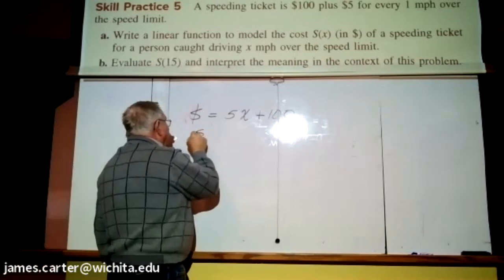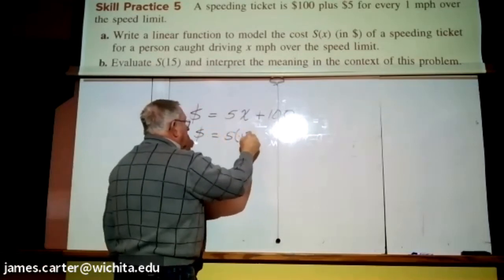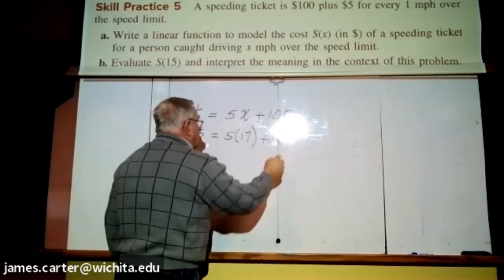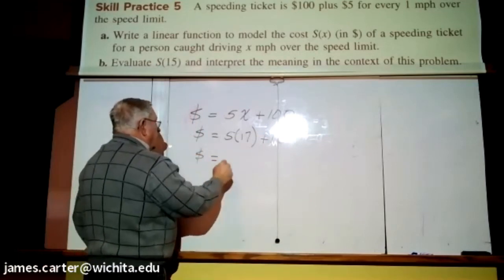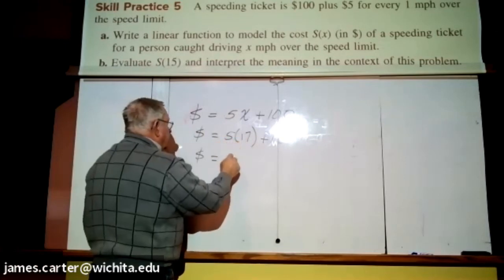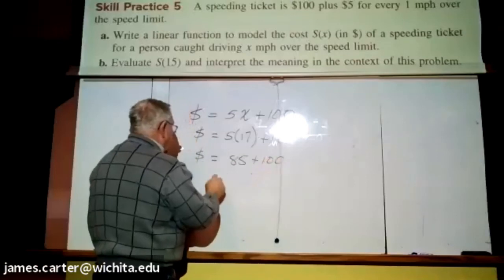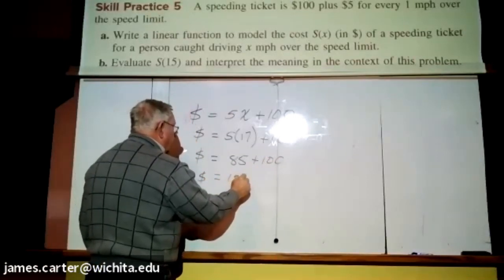So we would have the cost is going to be $5 times, he was going 17 miles an hour over, plus 100. So the cost of his ticket, 5 times 17 is 85. So his ticket cost him $185.